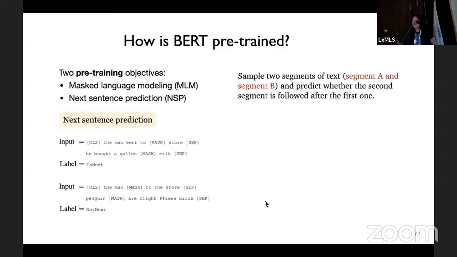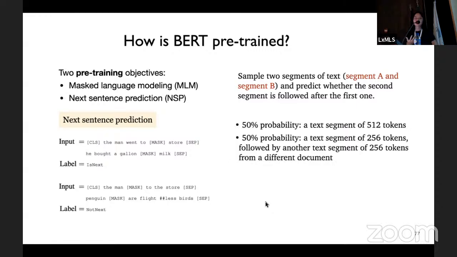And the second pre-training objective is called next sentence prediction. The idea here is they take a lot of unlabeled text and sample two text segments, let's say segment A and segment B, and predict whether the second segment actually follows the first segment or not.